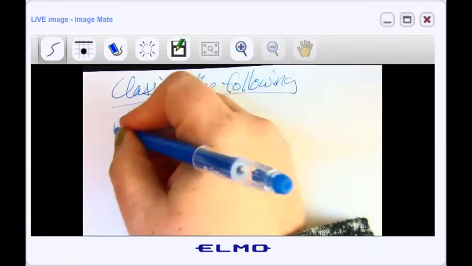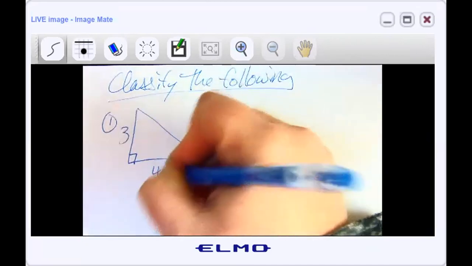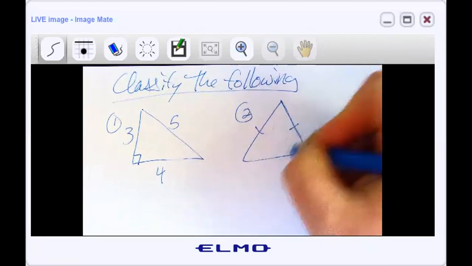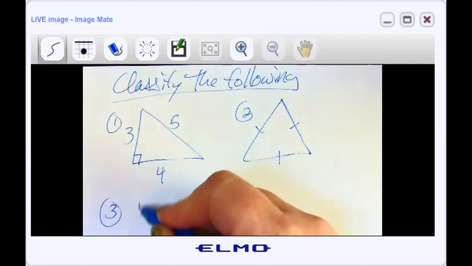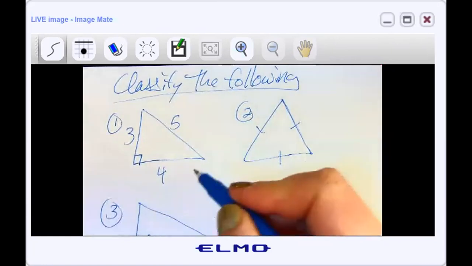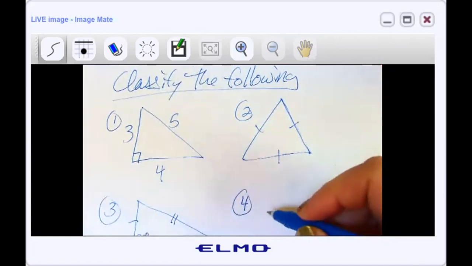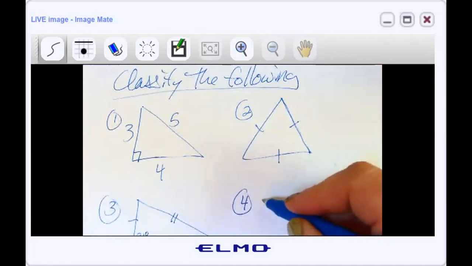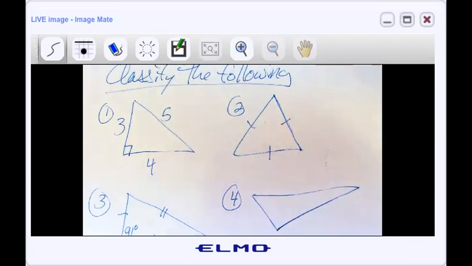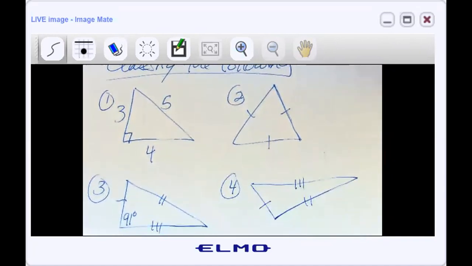All right. Anywho, so let's try this. All right, so here are four different triangles.